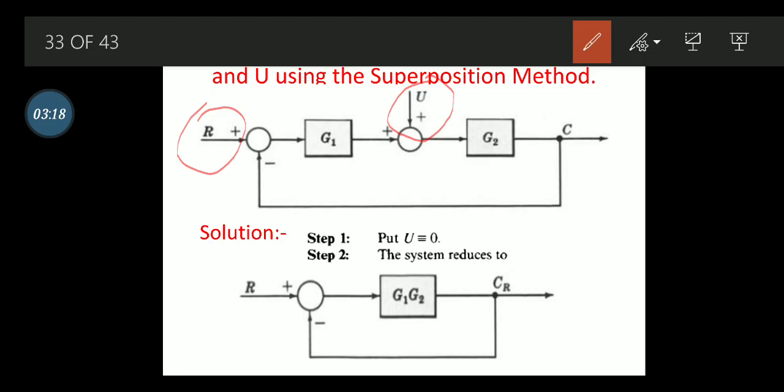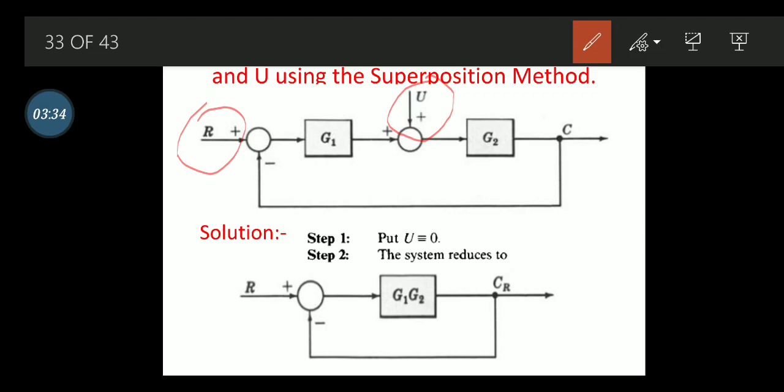Then finally the net output response is the algebraic sum of all the output responses. This is the method to be followed for solving such types of numericals.